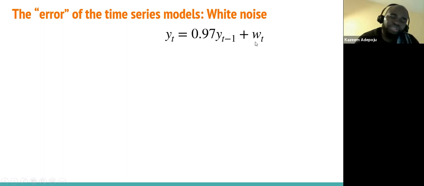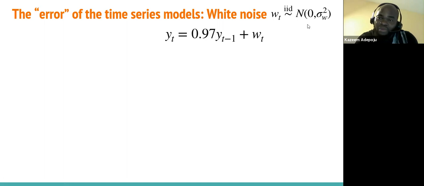Since we don't capture that in our model, we're going to believe that it should follow a normal distribution with mean zero. Okay, the mean of that should be zero, and the variance should be this.